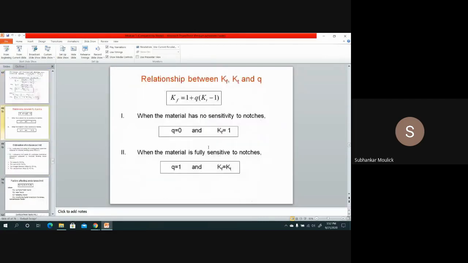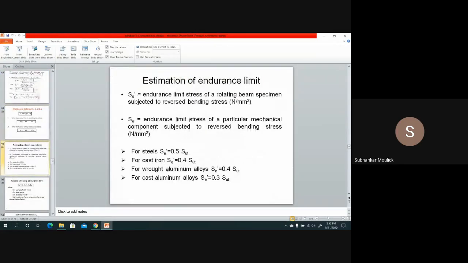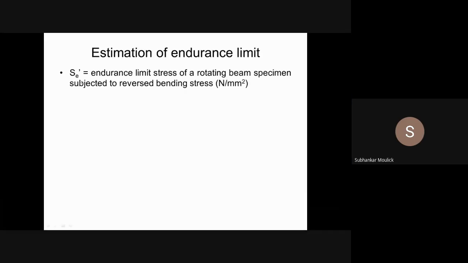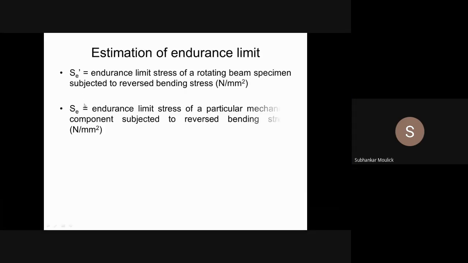We use this empirical process. In this empirical process, SE dash is the endurance limit of the rotating beam specimen, which we find out from that particular experiment. And SE is the endurance limit stress of any particular mechanical component.